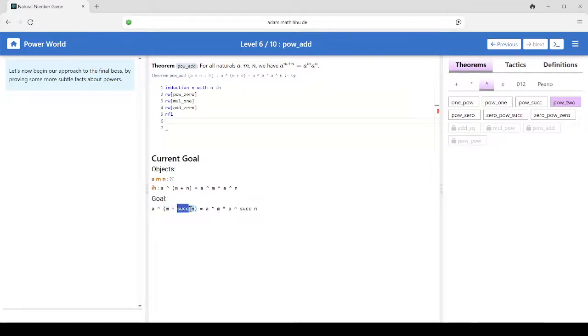It's just the issue, I don't know how to get rid of the successors. The successor of n, the number that comes after n.